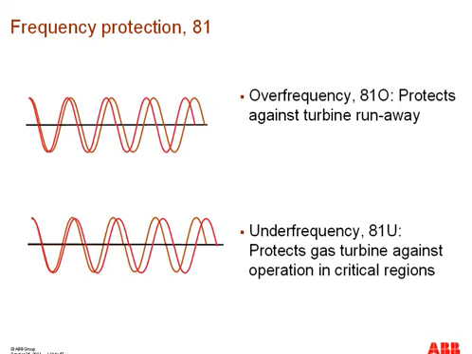And also, this function can be either definite time or a voltage magnitude dependent time delay, which means that the higher the voltage, the longer will be the time. This function is also supervised by an undervoltage function and is blocked if the voltage is below the set threshold value.